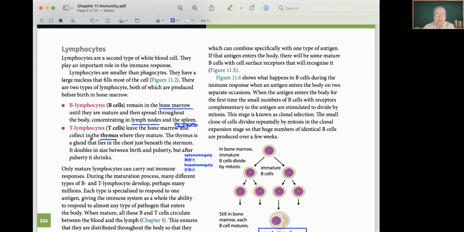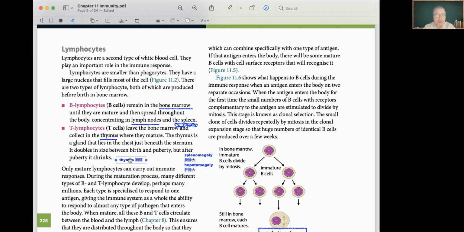And second, the T lymph cells. T is the first letter of thymus. Thymus in Chinese is 胸腺.